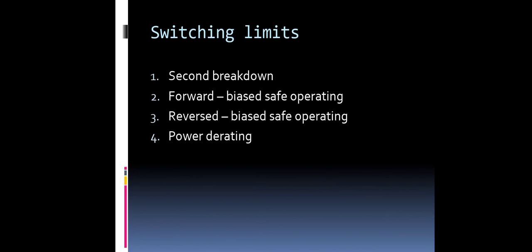It produces hotspots, and if the energy of the hotspots is sufficient, the localized heating damages the transistor. This is the secondary breakdown caused by localized thermal runaway and current concentration, which may be caused by the transistor structure.